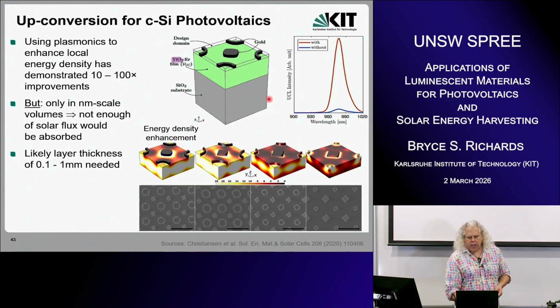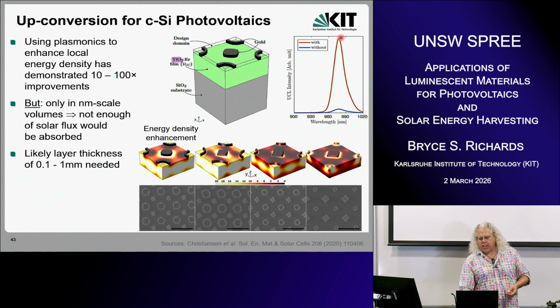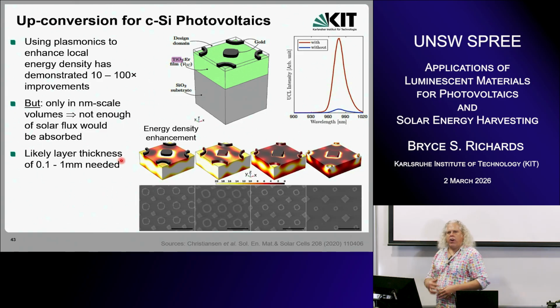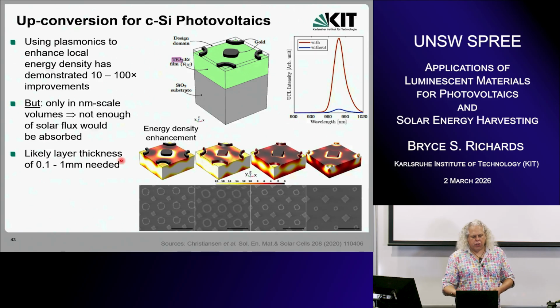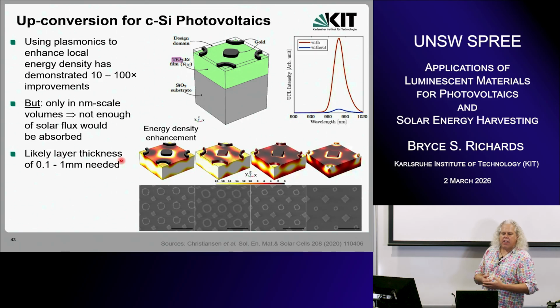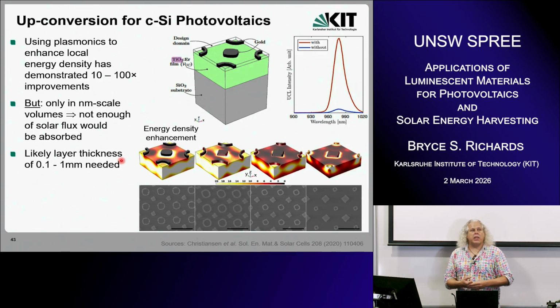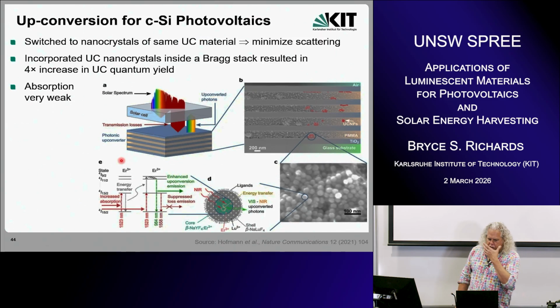So although you measure a nice enhancement here, at the end of the day you would need to repeat this structure over a large volumetric depth. This becomes challenging, let's say if you needed to go at least 100 microns, perhaps up to a millimeter in thickness. So it's not something we tried. This is from the literature.